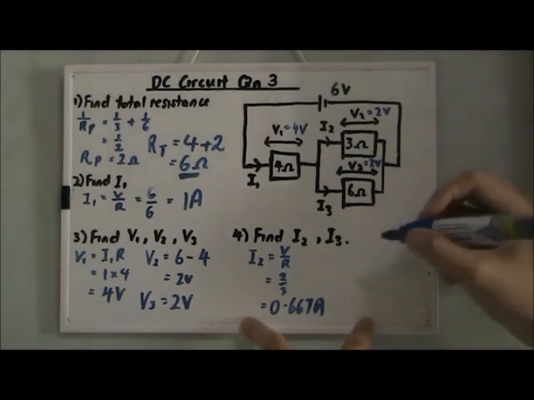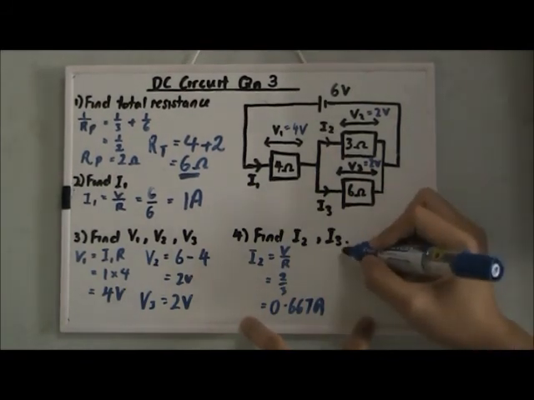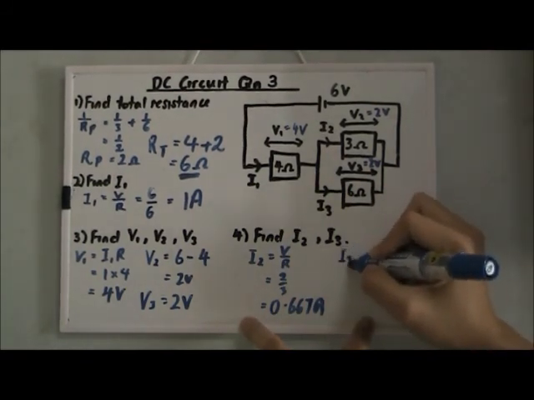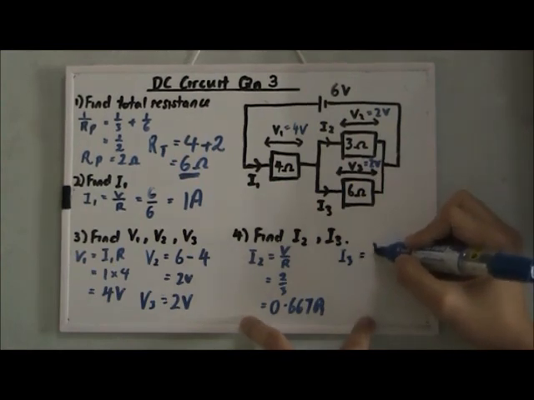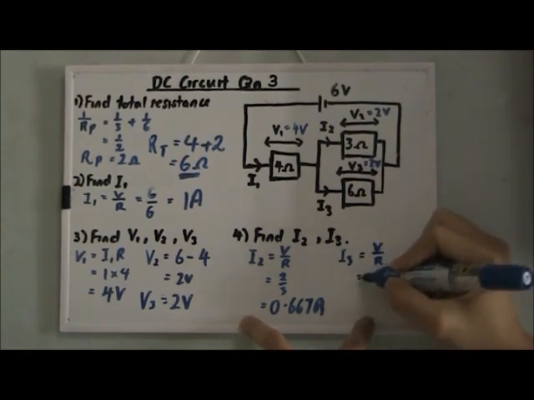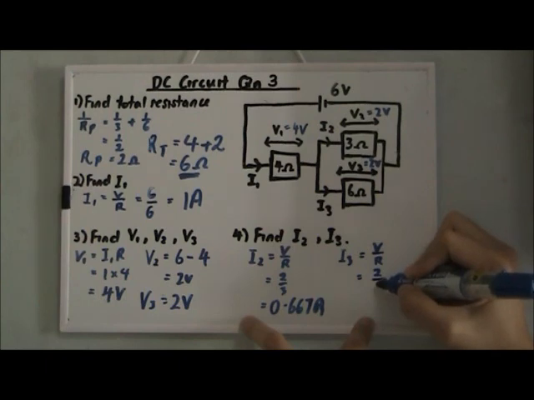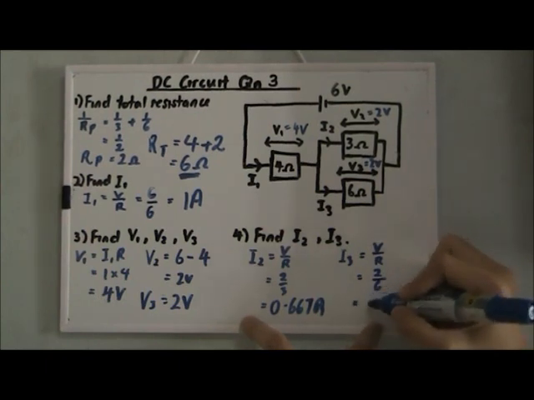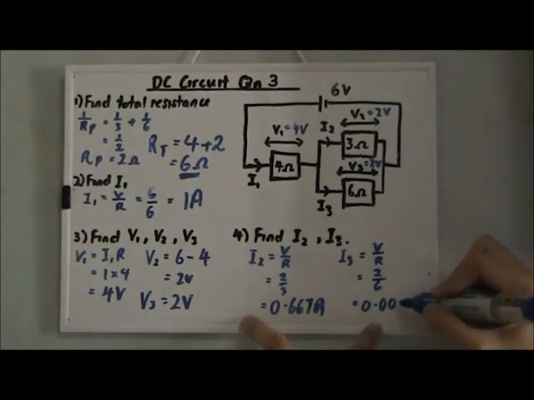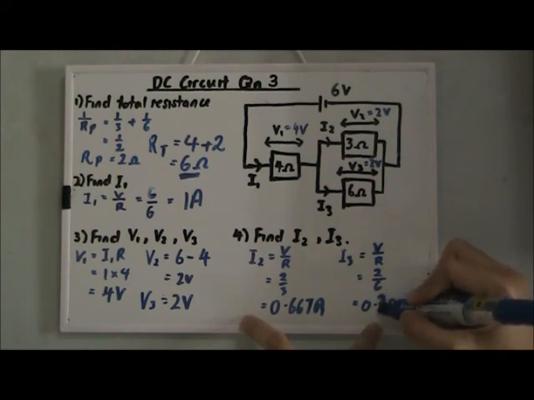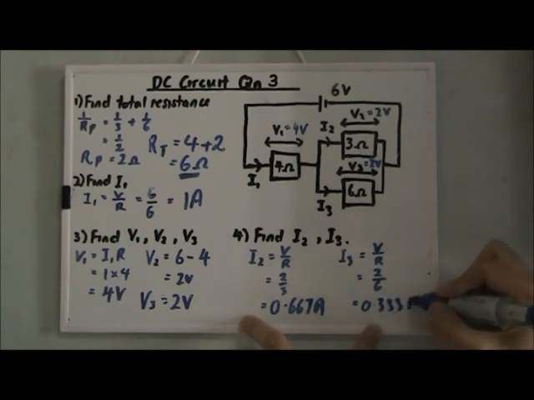Never put your answer in fraction because marks will be deducted. And I3 is equal to V over R as well. So it's equal to 2 over 6, and this will give us 0.33 ampere.